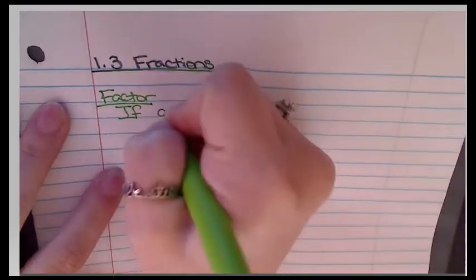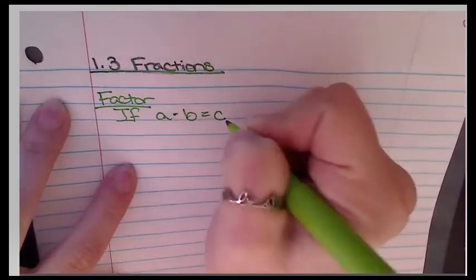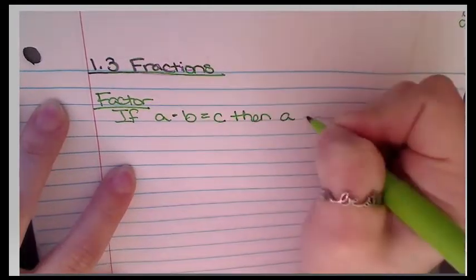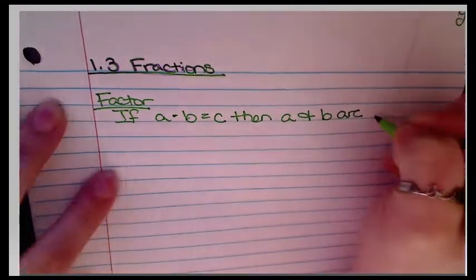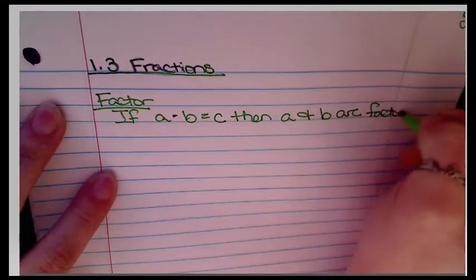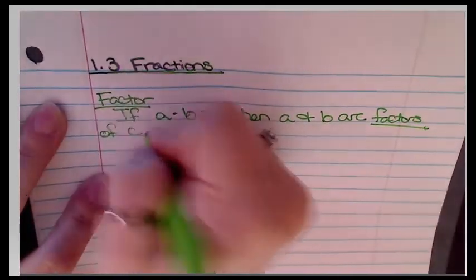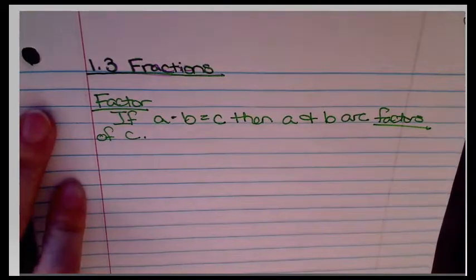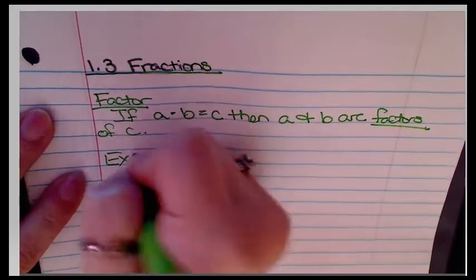If A times B equals C, then A and B are factors, there's that word, of C. Okay, so what exactly does that mean? Let me show you a couple of examples and I think it'll make more sense.